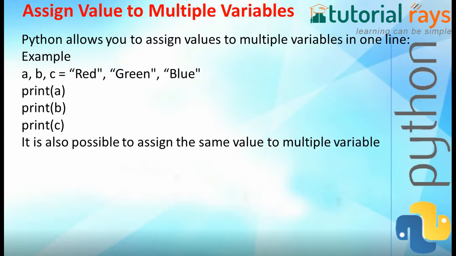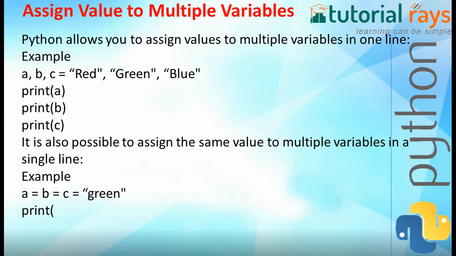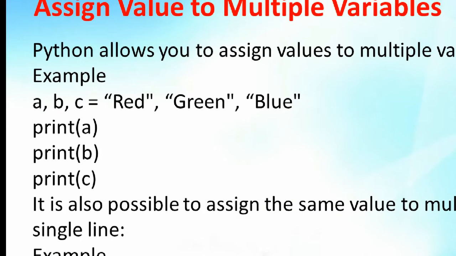It is also possible to assign the same value to multiple variables in a single line. In the previous case, each variable is assigned a different value. Here, for example, A is assigned red, B is assigned green and C is assigned blue.